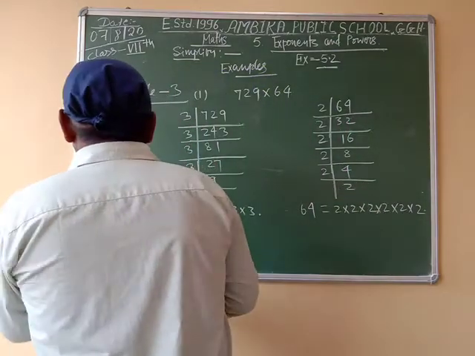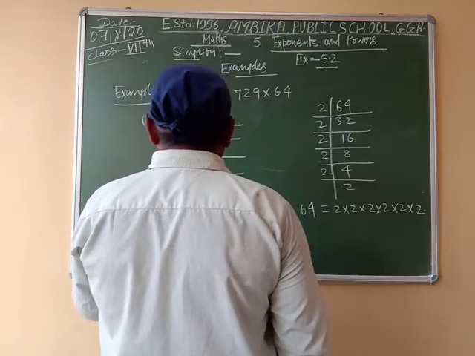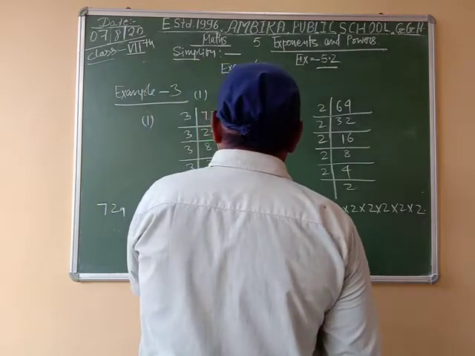And 729 is equal to 3 into 3 into 3 into 3 into 3 into 3.